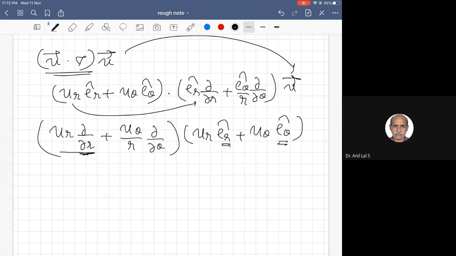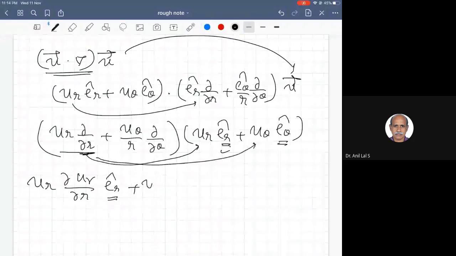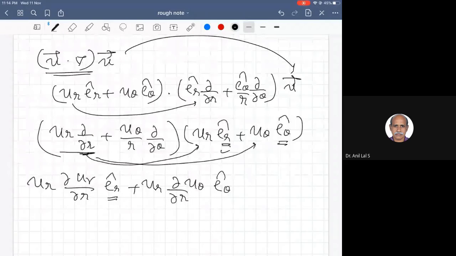So you can expand this as UR dou ER by dou R. This ER is outside the differential coefficient because it is a constant, it's not varied. Similarly, UR dou by dou R will be operating on U theta, and E theta is out because this is the radial direction. So E theta with respect to radius direction is constant.